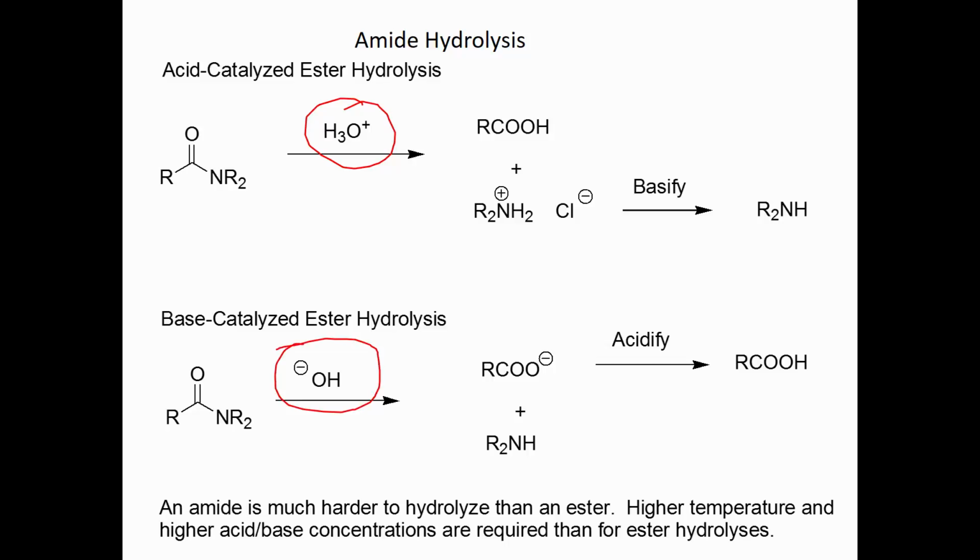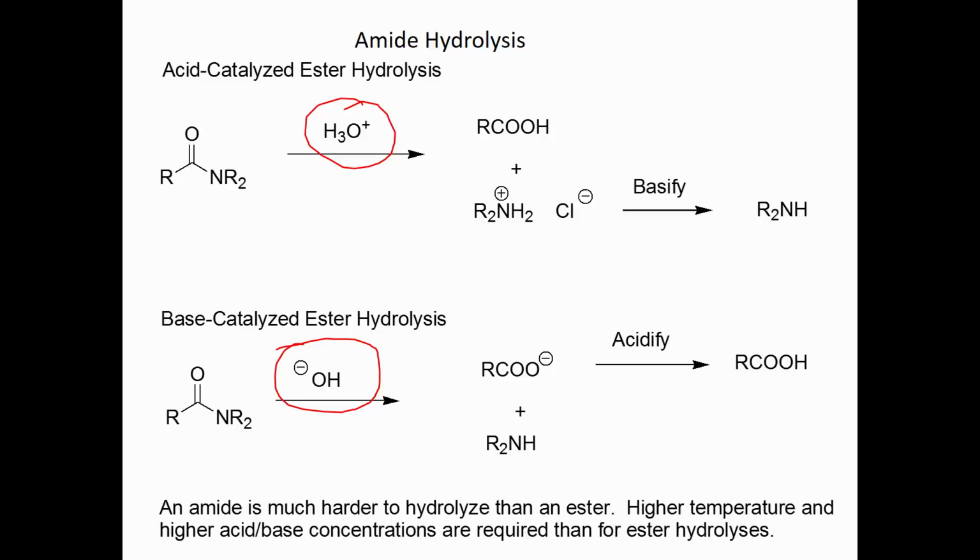The acid or base that we need to hydrolyze the amide has to be a lot stronger than the acid or base required to hydrolyze an ester. And this is because the amide carbonyl is so highly stabilized by resonance that it's reluctant to react with any sort of nucleophile.